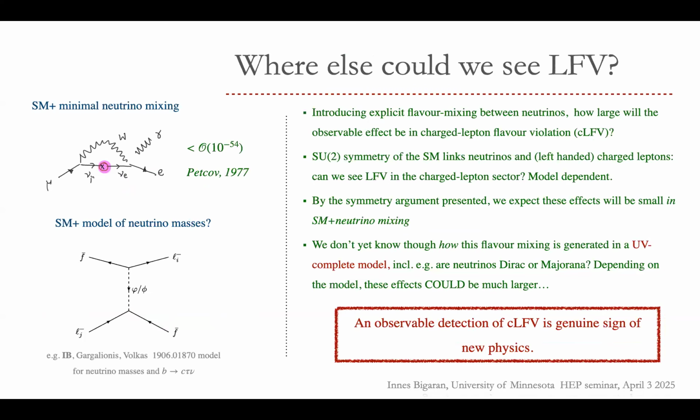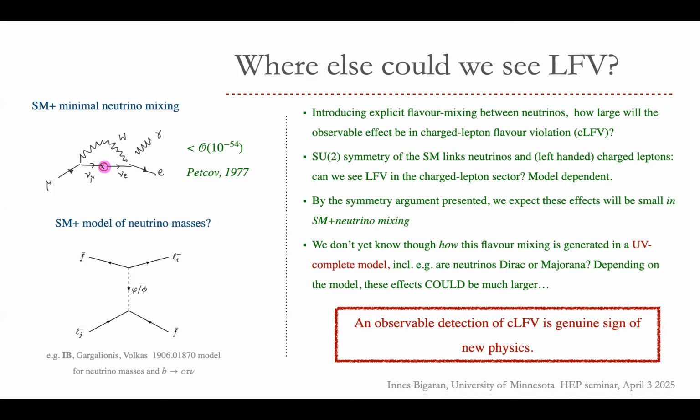So where else could we see lepton flavor violation? Earlier I said that the standard model neutrinos are left-handed and exist within this SU(2) doublet with the charged leptons. So that means that the oscillation of neutrinos must also in some way connect to the interactions of the charged leptons. We can write down a contribution from that, this top diagram here, to processes that explicitly violate charged lepton flavor.